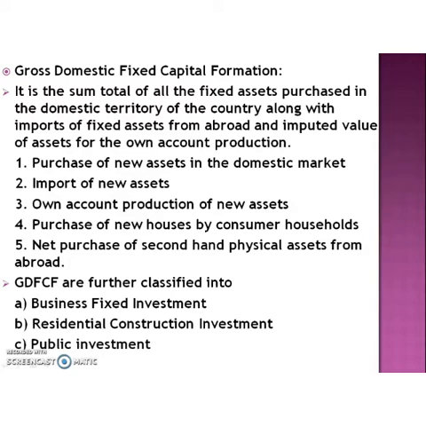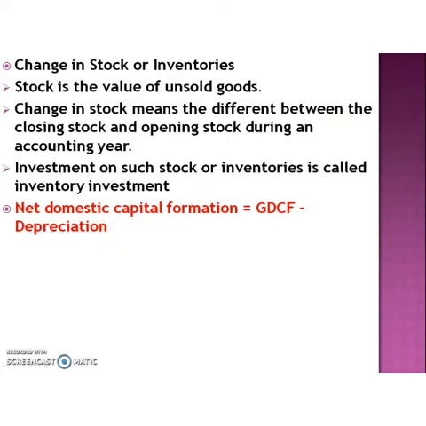These are the classification of gross domestic fixed capital formation or gross domestic fixed investment. Then the next one is change in stock or inventory. So what is change in stock? The stock means the value of unsold goods.